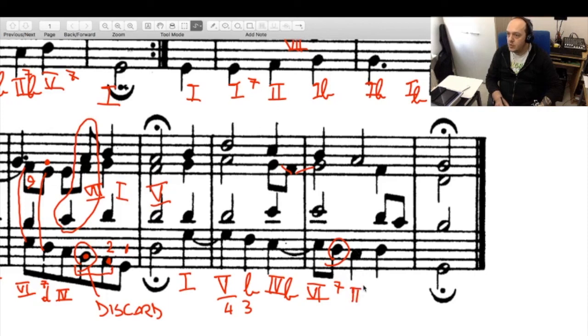I have A, C, the E is here, still ringing, and then I have the G, the 7th here, still ringing from the previous beat. Okay, so that's A minor 7, the 7 prepared and resolved.